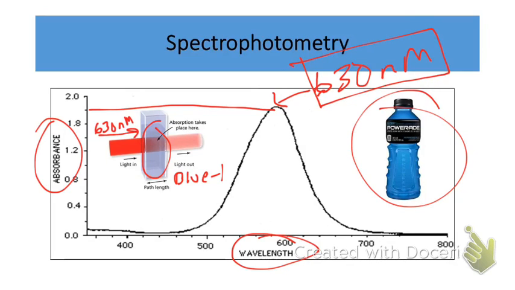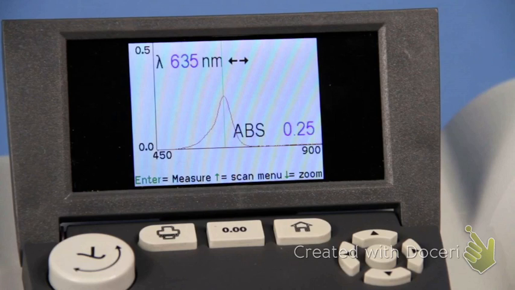All the other light is being filtered out, and so only 630 nanometer light will hit the blue dye number 1. We can measure how much of that 630 nanometer light is being absorbed, and how much of it is actually transmitted and not absorbed. And that's essentially what we're going to be doing in this first lab.